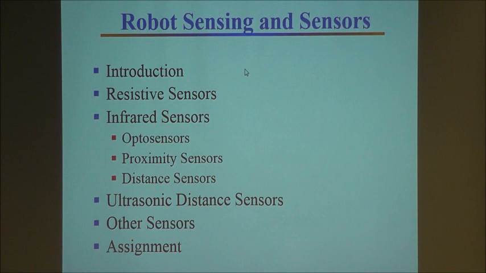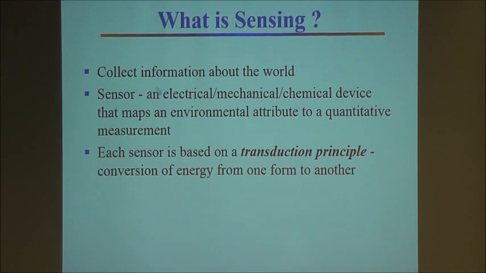So again, we are going through a whole bunch of different sensors, some of which you saw in the orientation lecture. This is getting much more elaborate and a bit more detailed. So again, collect information about the world.